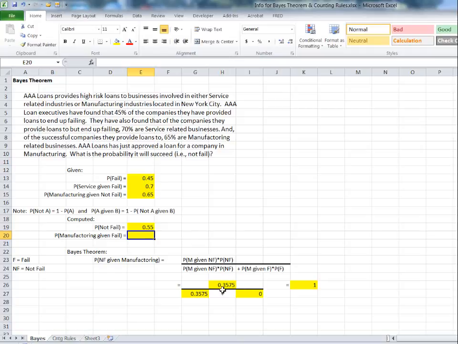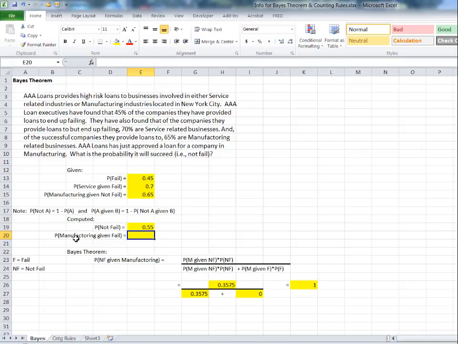So now we have this numerator, the joint probability. And then we actually have half of the denominator in this case, because that's going to be exactly the same. So now we have to figure out this part here, the probability of manufacture given fail times the probability of fail. Well, we've got probability of fail.